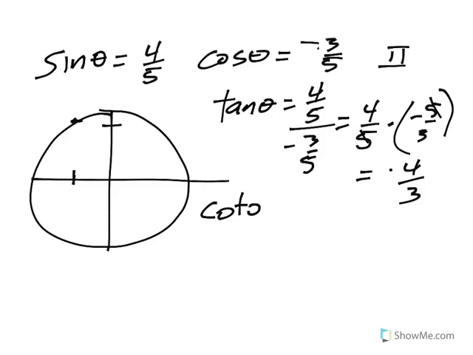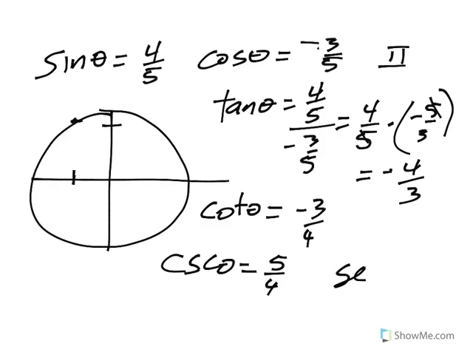Cotangent is just the reciprocal of that, the reciprocal of tangent. Cosecant is the reciprocal of sine, and finally secant is the reciprocal of cosine. So that's one way to get all of them.